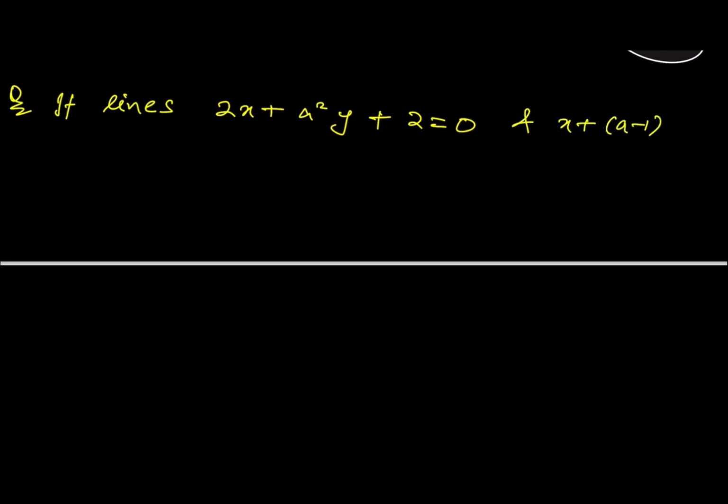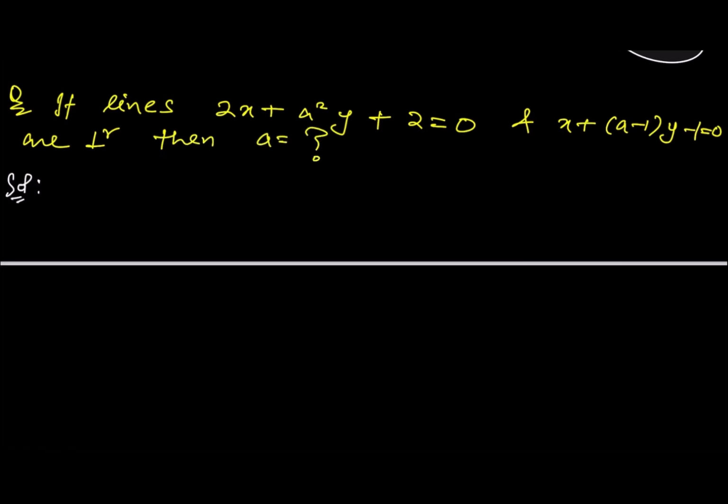Okay, let's come to the next question. If lines 2x plus a square y plus 2 is equal to 0 and x plus a minus 1 y minus 1 is equal to 0 are perpendicular, then a is equal to question mark.